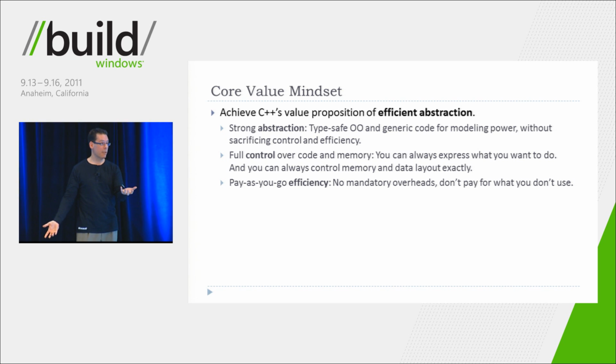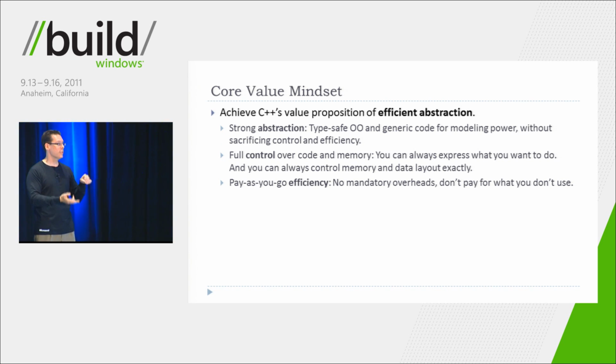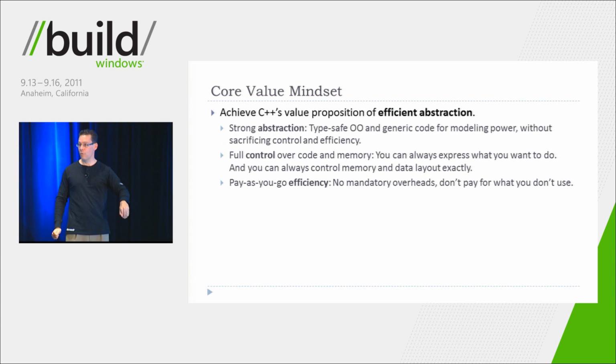Bjarne came along 10 years later with C++ and said, you can get all that efficiency and portability plus strong abstraction. That is what you want. That is what you get from C++. You want strong abstraction, type-safe object code, type-safe generic code. You have great modeling power, specialized templates, all sorts of things, and whatever you want to say, you can say it without sacrificing control and efficiency.